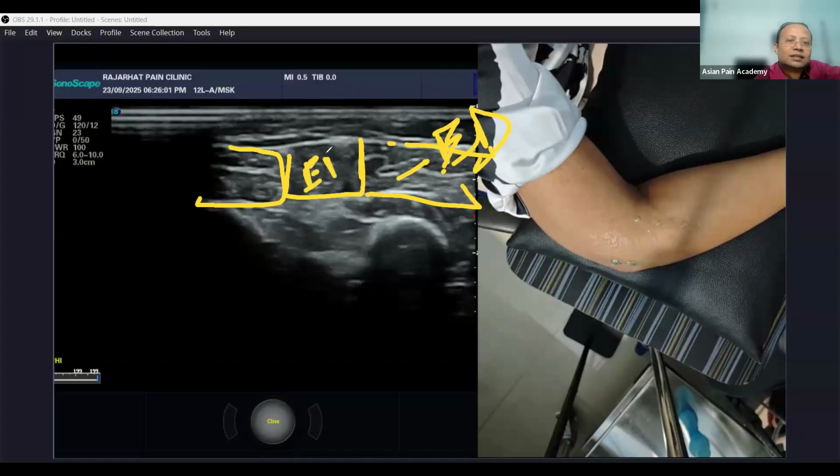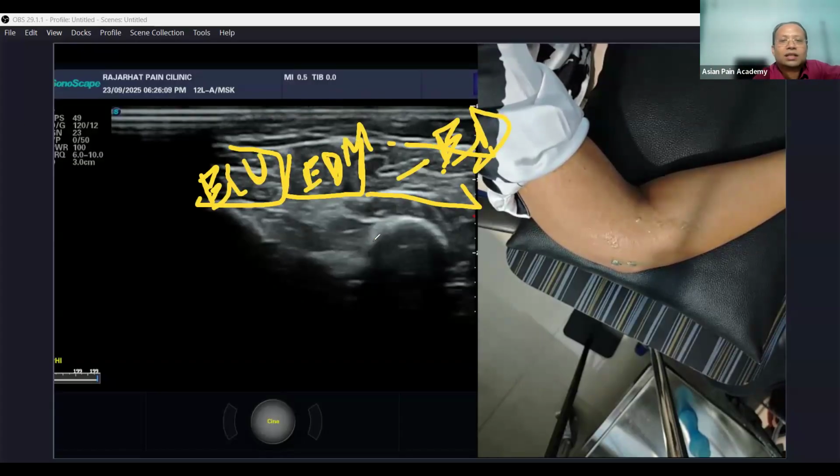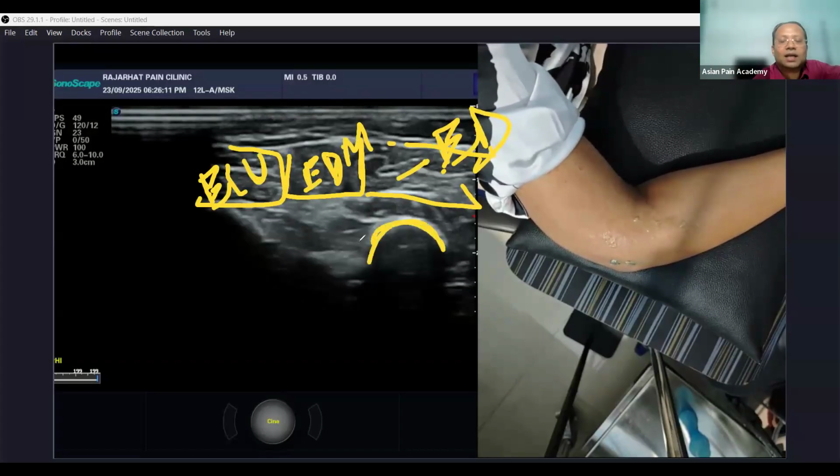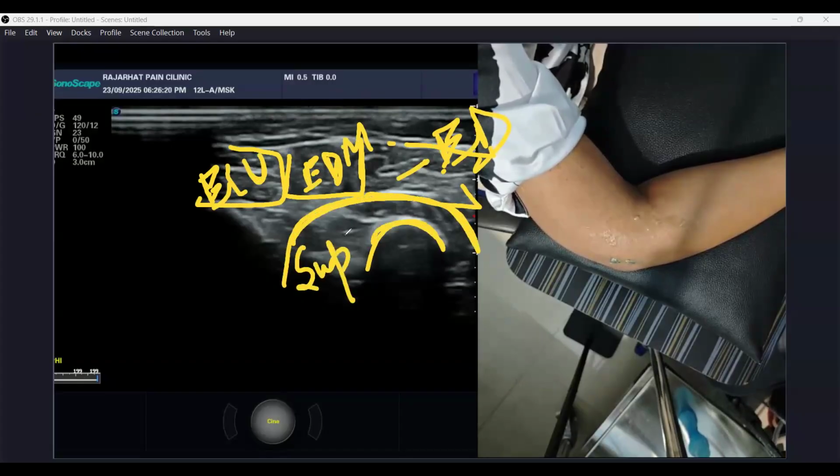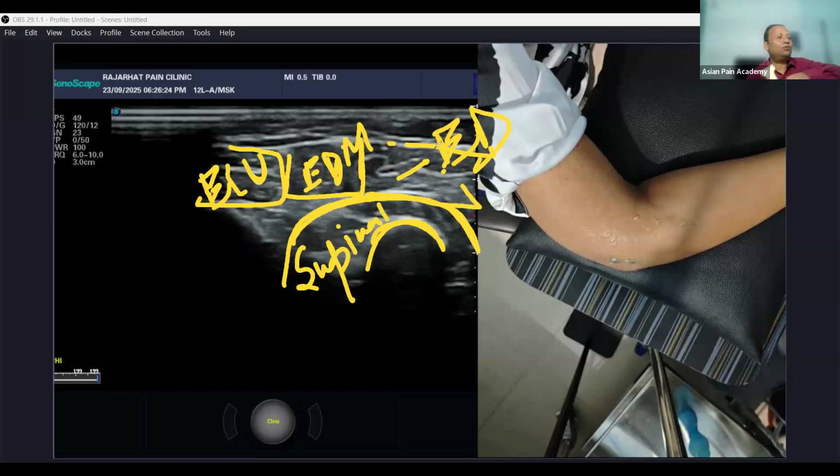This is extensor digiti minimi, and this is extensor carpi ulnaris. Another muscle you will see as soon as you see the head of the radius is this one. Which muscle is this? Supinator. In this way we can identify all the muscles.